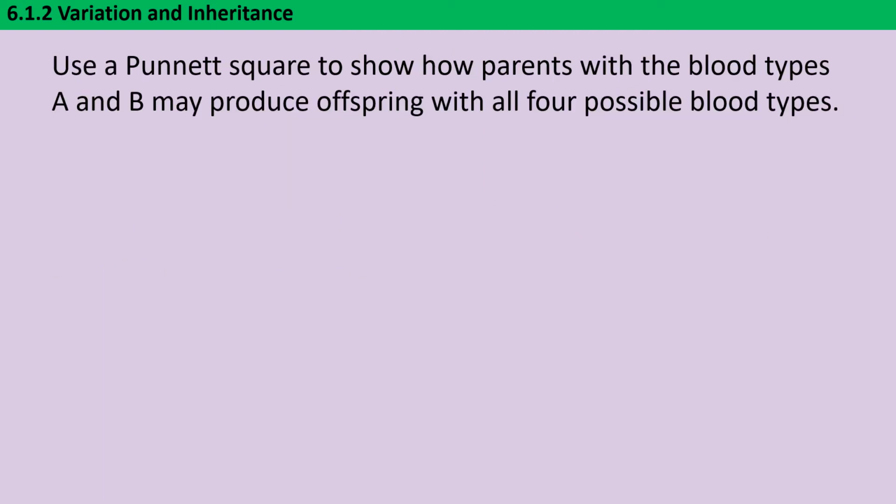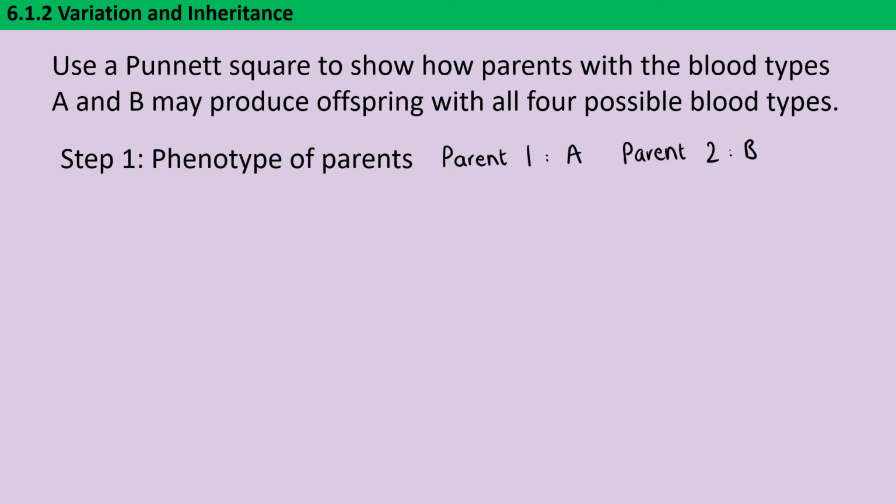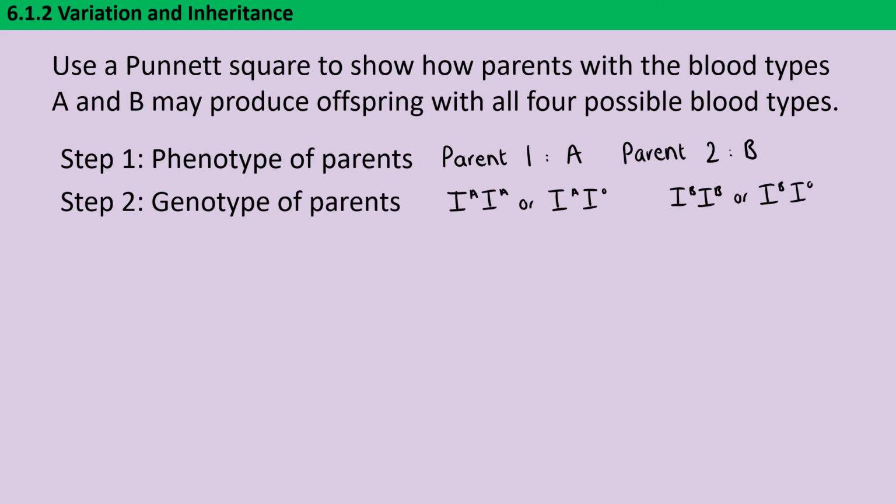A question might ask you to show how parents who are blood type A and blood type B could have offspring with all 4 possible blood types. So we'll go through our normal process. We start out with the phenotype of the parents, so that's going to be blood group A and blood group B. Now, in terms of possible genotypes, we've said that someone who's A could be IAIA or IAIO, and likewise someone who's blood group B could be homozygous or they could be heterozygous.